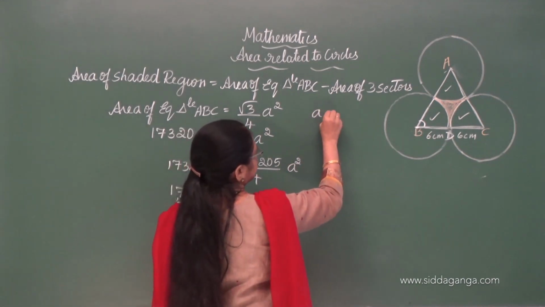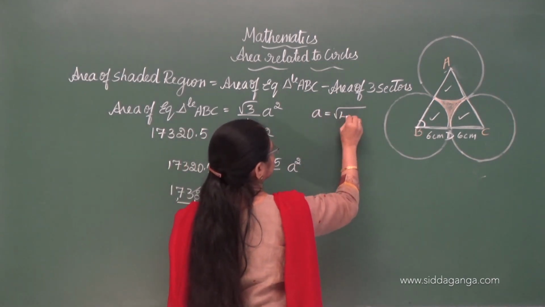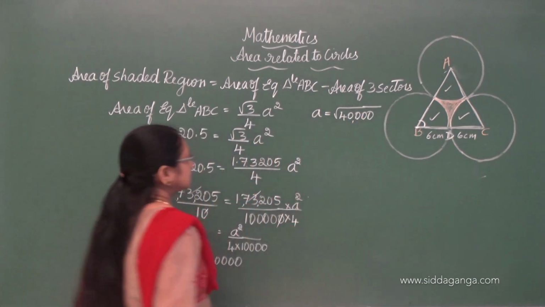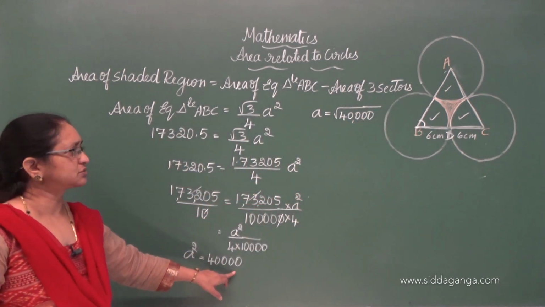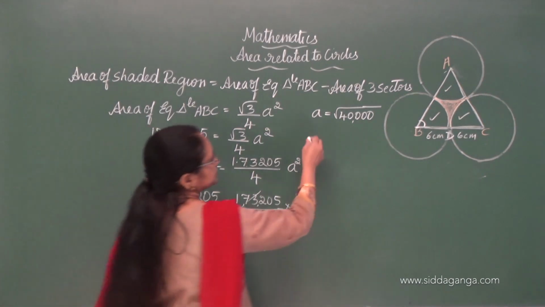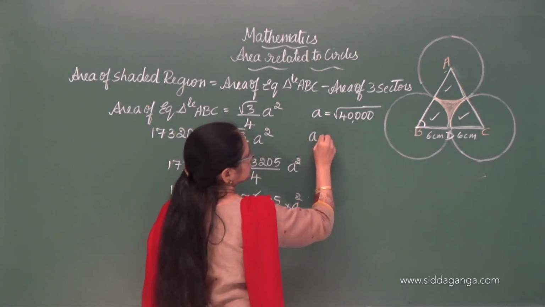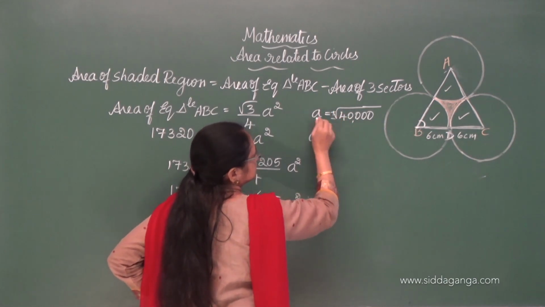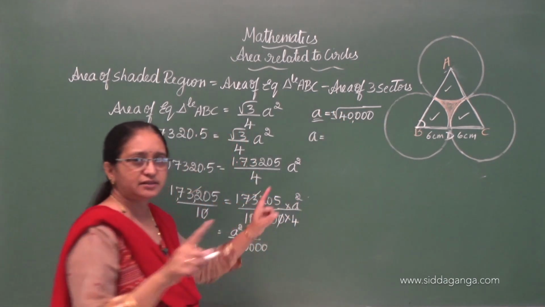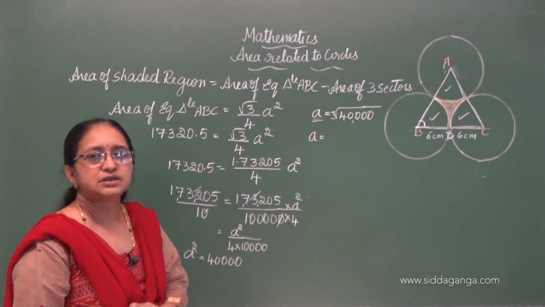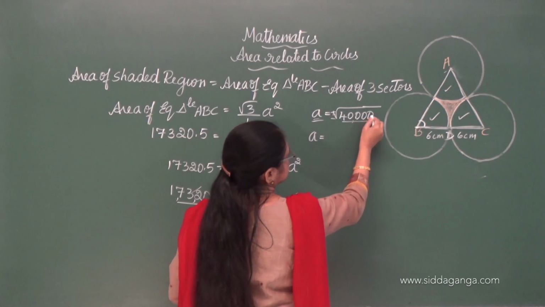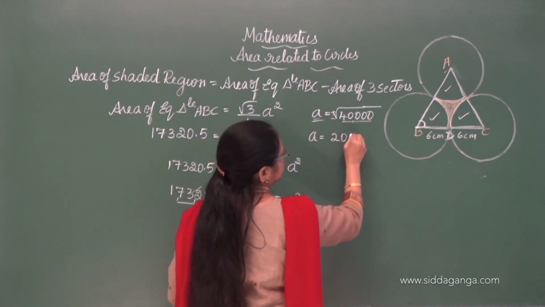So, just see how you will get A. A is equal to square root of 40,000. So you all know how to do it. Plus or minus you should take. Since A is a length, we can reject the negative value. So it will be plus 200.